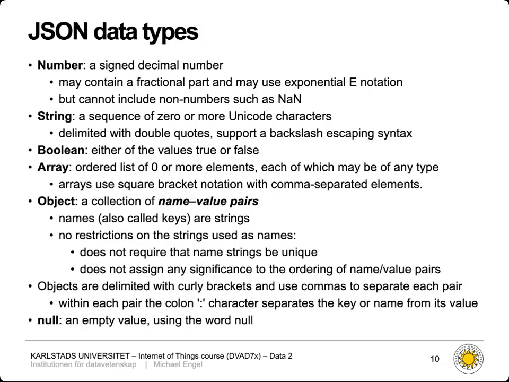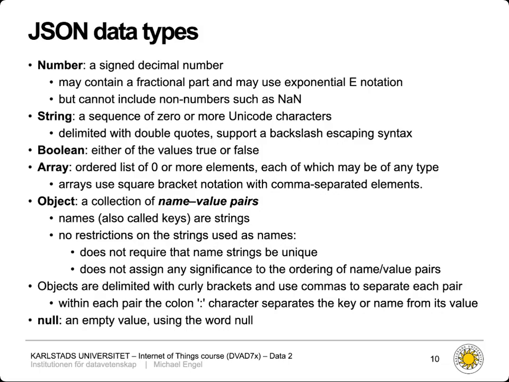So you can put them in any order you like, as long as they are in the same object. We've also seen objects are delimited with curly brackets or braces, and they use commas to separate the pairs. Within each pair, the colon character indicates that what's to the left of it is a key, and what's to the right of the colon is the value. And finally, we can have null, which is an empty value, which just has the special reserved word null.